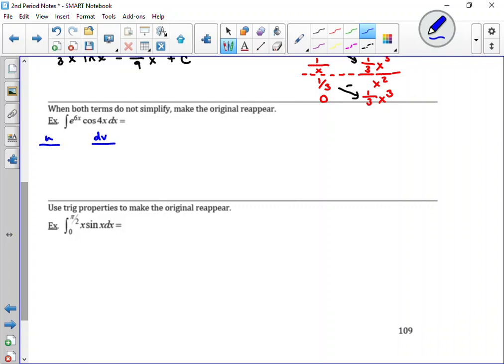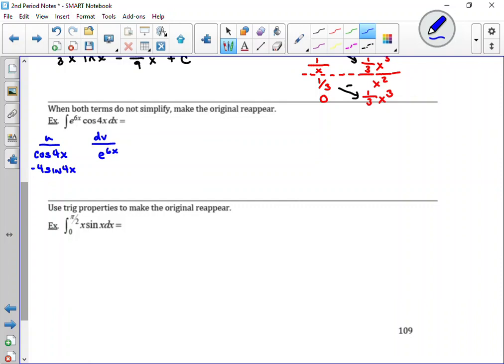I just did it this way because I like taking the derivative of trig functions better than I like integrating trig functions. But you can do it whatever way your heart desires. Okay, so this becomes -4 sine 4x, right?